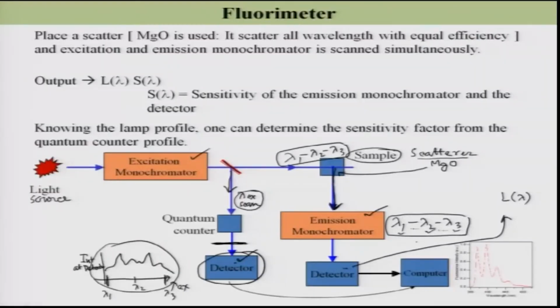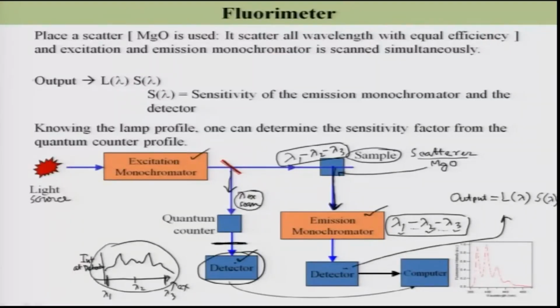That means, this observed signal, I just write output, will not be equal to L lambda, but it will be equal to L lambda multiplied by the sensitivity of the monochromator and detector together. So, let us name it S lambda.